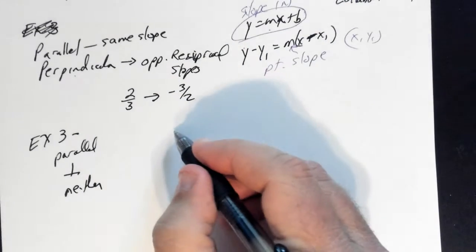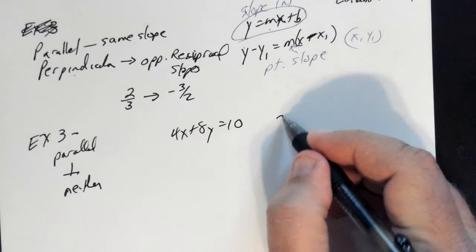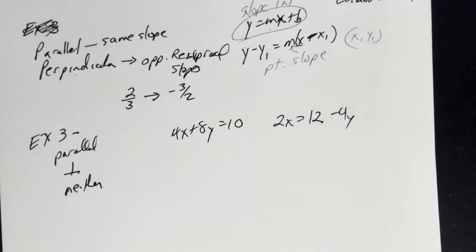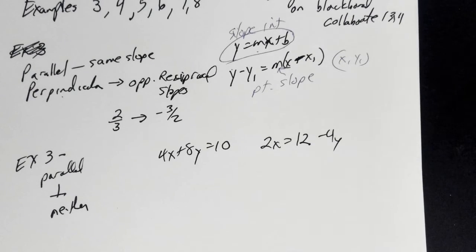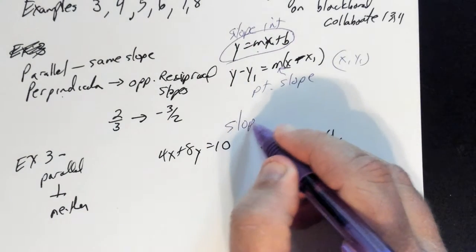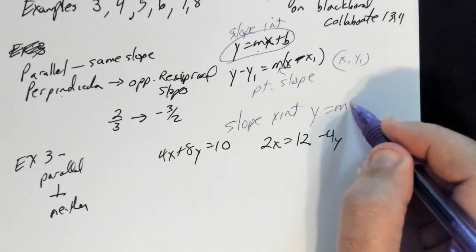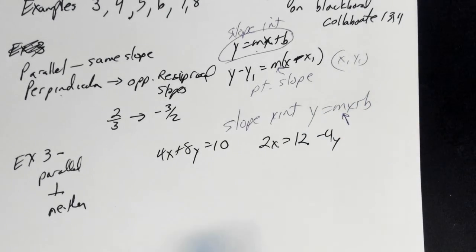And they give us two lines. 4x plus 8y is equal to 10. 2x is equal to 12 minus 4y. Now the easiest way to deal with this is to find the slope and use the slope-intercept form, because that's the easiest one to get things into. We're going to look and see what m is when I get it into that form. So I've got to solve for y.